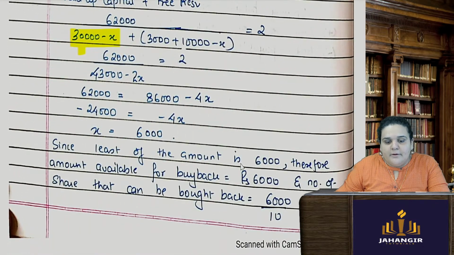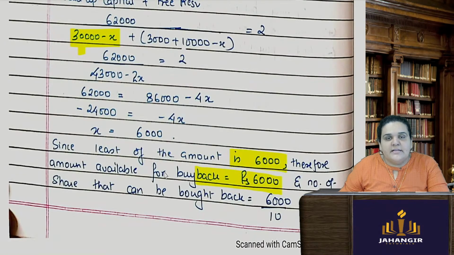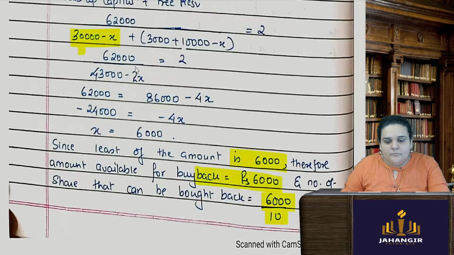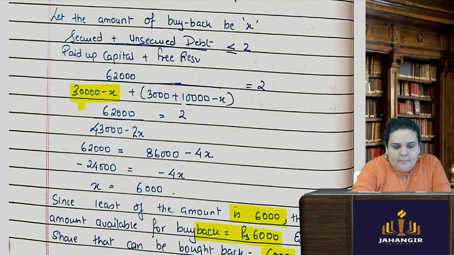Since the least of the amount is 6,000, therefore amount available for buyback is going to be rupees 6,000 lakhs. It's in lakhs, no? And number of shares that can be bought back will be 6,000 divided by the price of the share, rupees 10 each. Okay, price of the share. So 600 shares can be bought back.